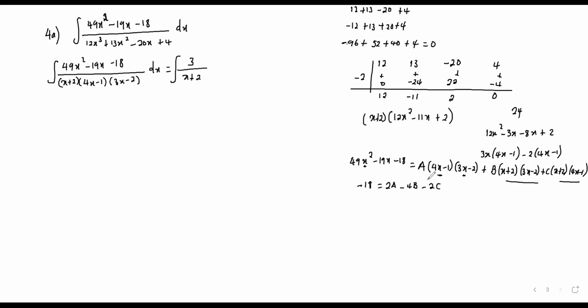When x is 0, then the other one I'll use x is 1, so that I have 9 minus 19 minus 18 is equal to, when I have 1, that would be 3A plus 3B, and then 2 by 3, that is 6, plus 6C.